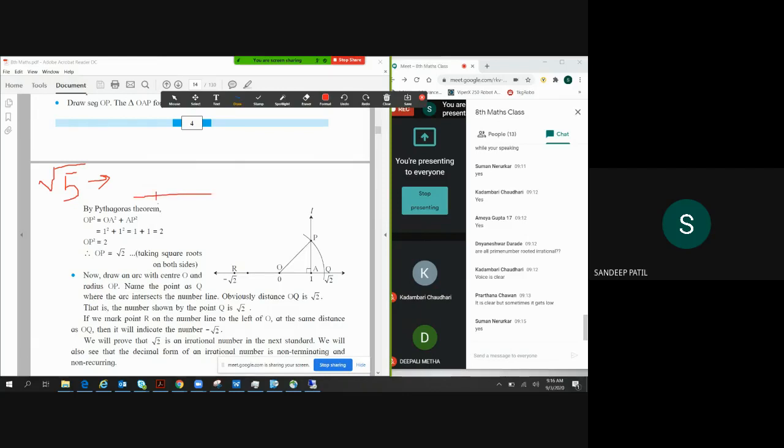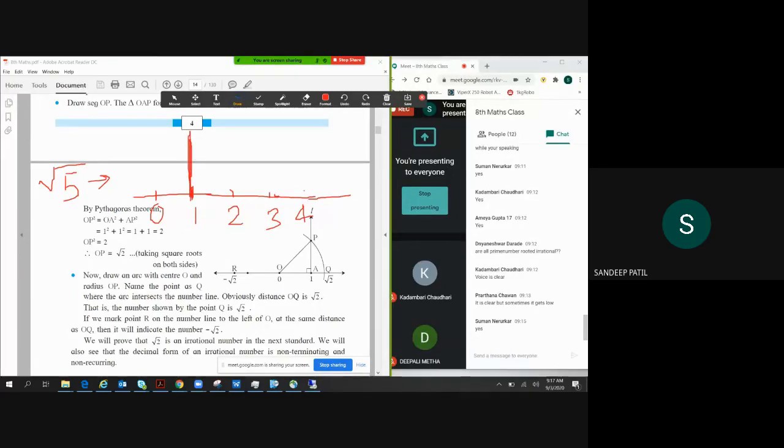So this is a number line: 0, 1, 2, 3, something like that. Here I want to represent this root of 5. So what should I do? I will take 0 and 1, and from 1 I will draw one perpendicular line, right?